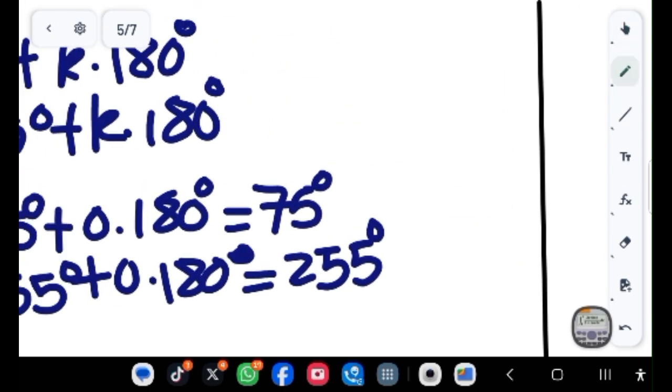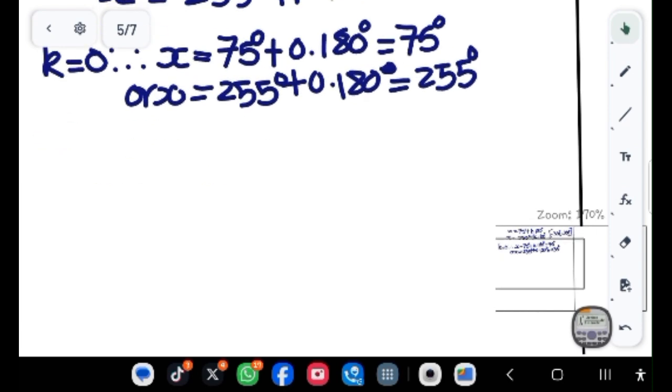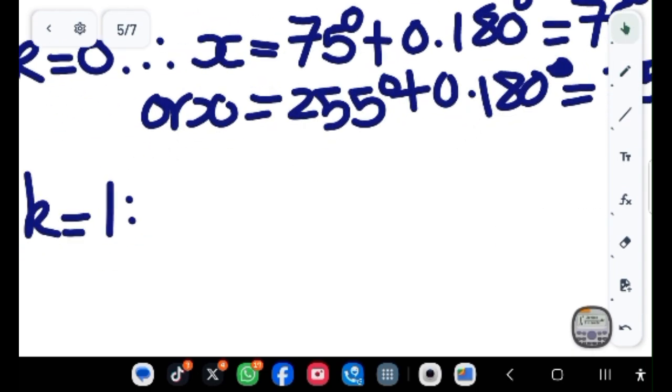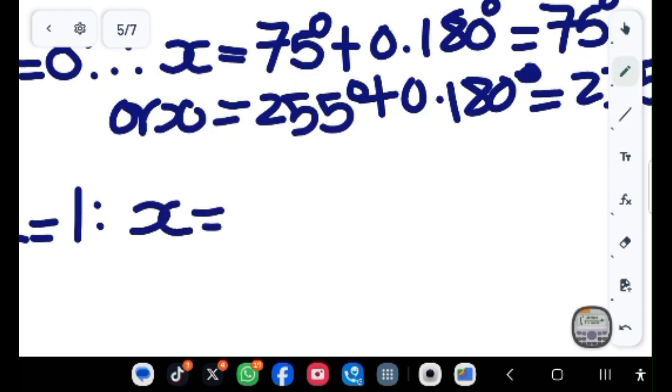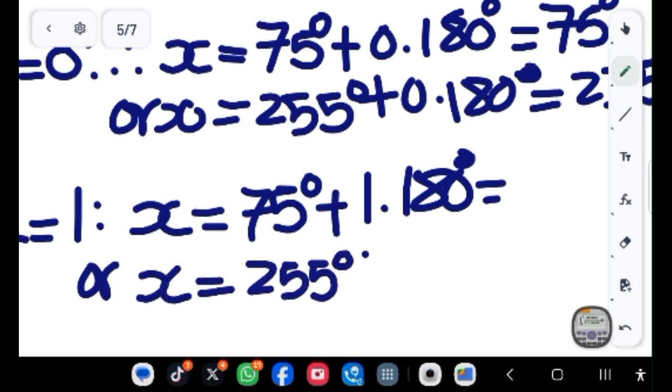Remember, the restriction must be between negative 360 and 360. So now we go to k equals 1. We want to see for which k all of these will be inside or outside the restrictions. So we go 75 plus 1 times 180, or x equals 255 plus 1 times 180.